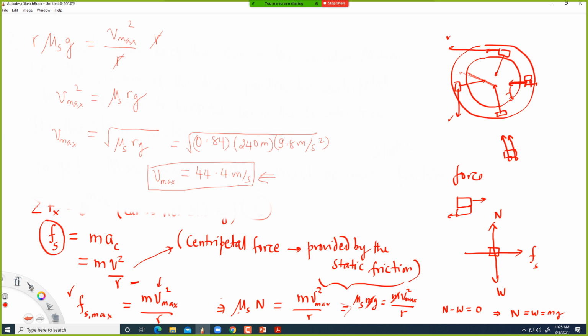When there is not enough friction, the car will slide off the road, like when you are driving on an icy road or muddy road, the car goes out of the track. That's why the friction provides the centripetal force.